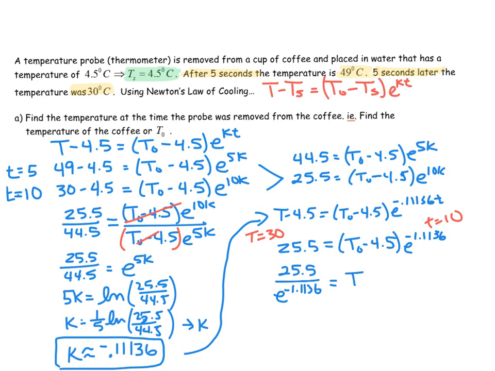And that'll equal T sub 0 minus 4.5. So basically you take your calculator and do that division, add 4.5 to your answer, and you'll find your initial temperature is 82.157 degrees Celsius.